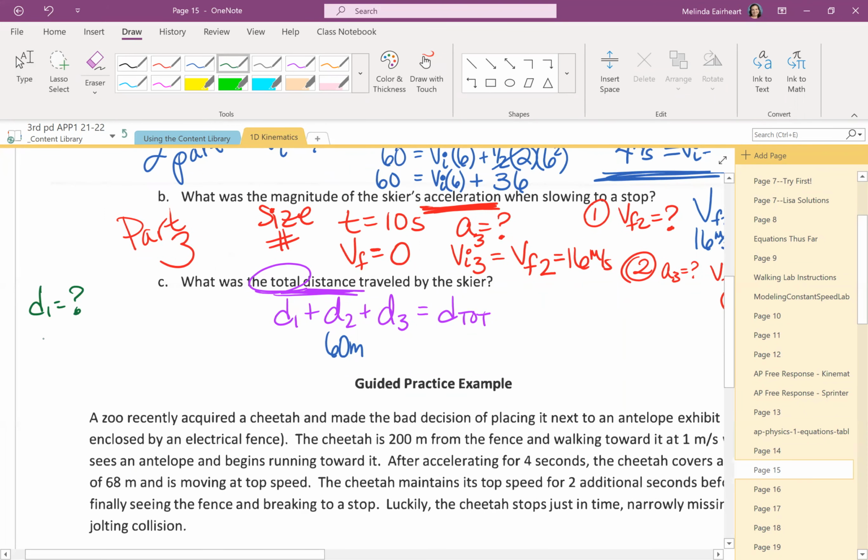They told us the timing of part 1, I think, was 20 seconds. And they said it was a constant speed. So what's your acceleration if you have constant speed or constant velocity? 0. Do you think we're going to use our new constant acceleration equations if acceleration equals 0? Probably not, but watch this. You can. What if I use the second equation?